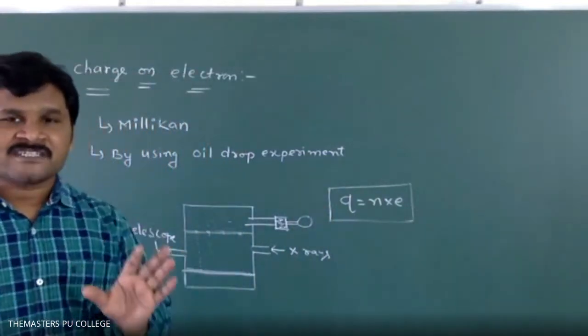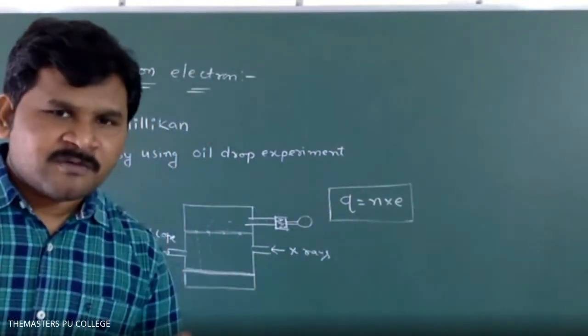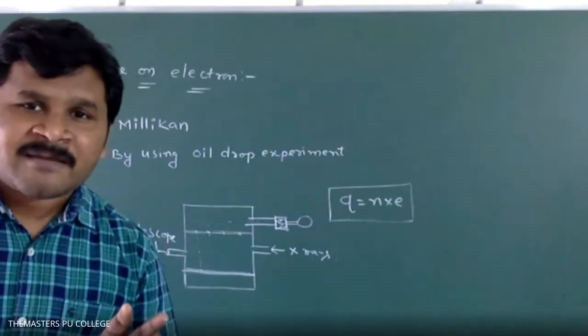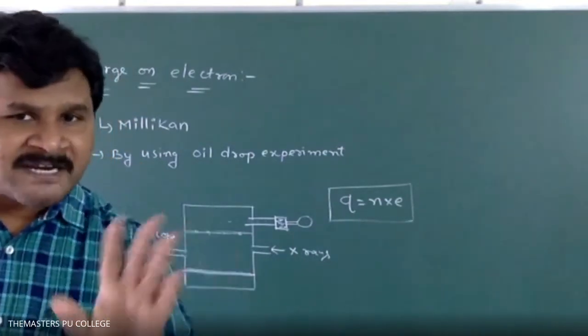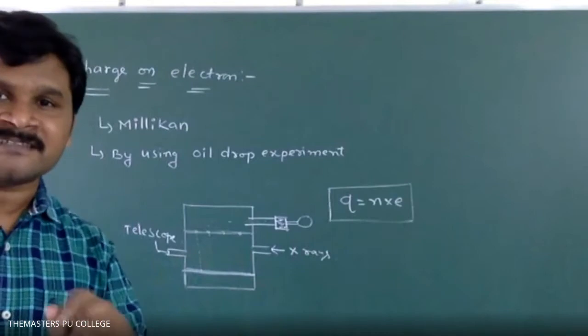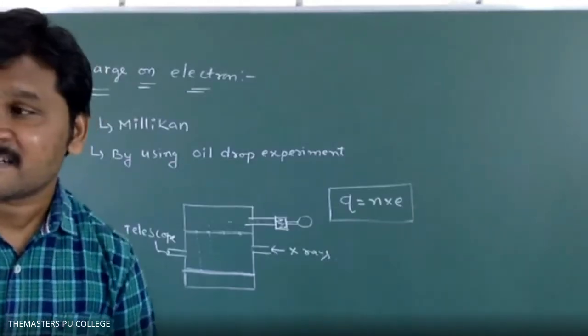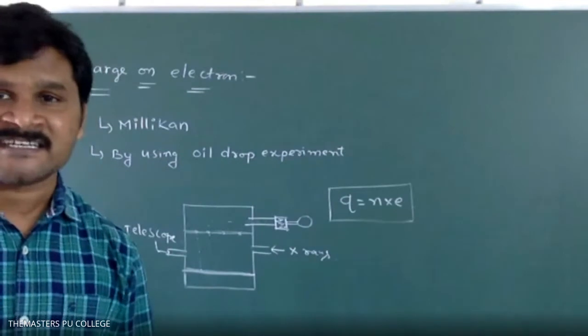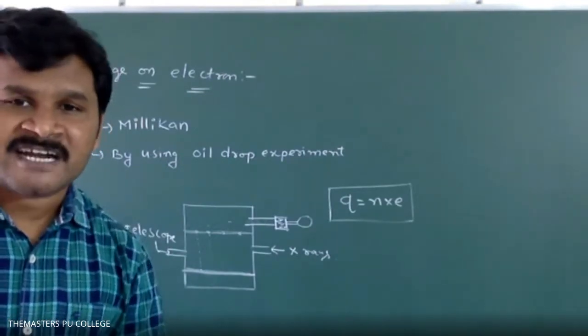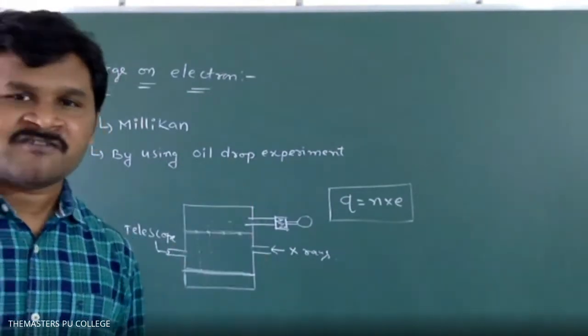So the final conclusion: what type of forces did he consider on oil droplets in this experiment? That is important. Gravitational forces and electrostatic forces he considered. What is the formula?